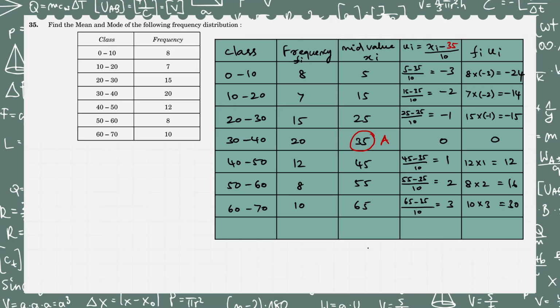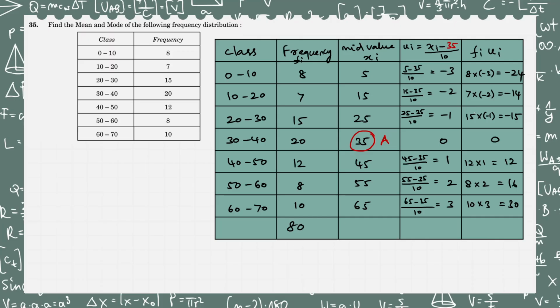And we need to find the total for the frequency column and the fi ui column, remember. So second column total and fifth column total we need. Let us add all the values in the second column: 8 plus 7 plus 15 plus 20 plus 12 plus 8 plus 10 will be 80.